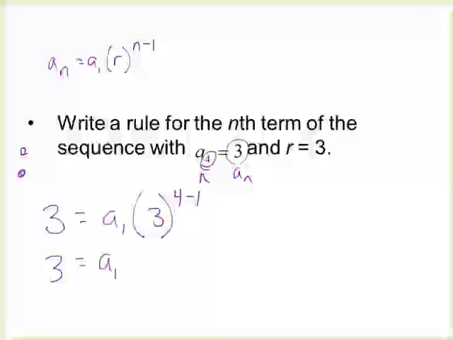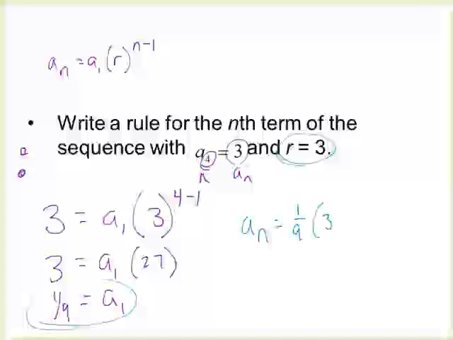So that gives us 3 to the third power, or 27. And divide out to get our first term is 1/9. Then we use a sub 1 and r to plug into the formula to write our rule. And we cannot multiply that 1/9 times the 3. We just have to leave them as separate parts.